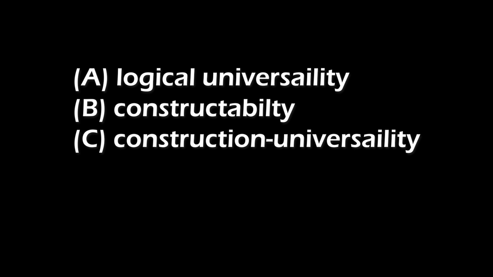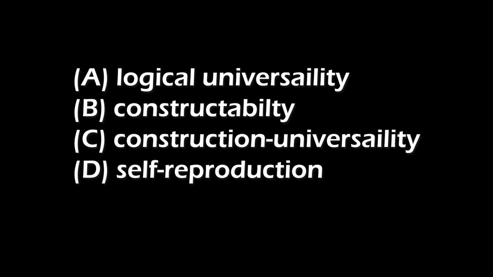Can any single automaton construct every other automaton? Question D. Self-reproduction. Can any automaton construct copies of itself? And question E. Evolution. Can the construction of automata by automata progress from simple automata to increasingly complicated automata?